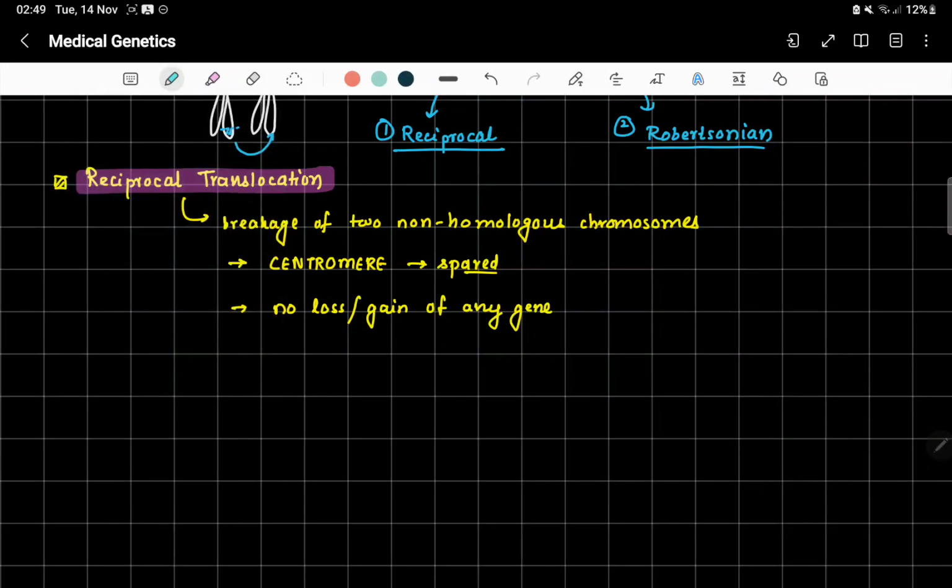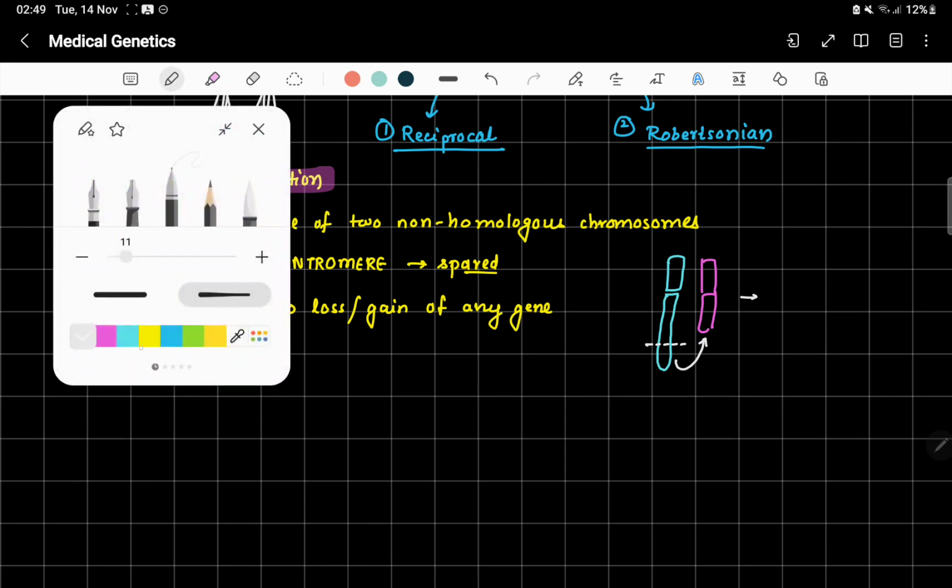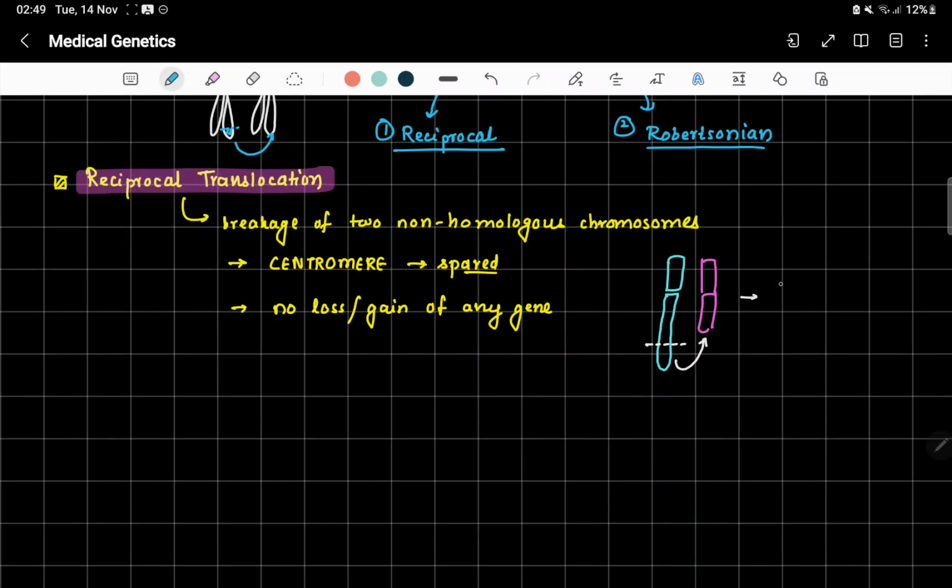Let's say here we have a chromosome. Let's draw it this way. Here is one and another one I'm drawing in pink. So what happens, this breaks and gets joined here, so it will look like this. And here also this will break and join here.